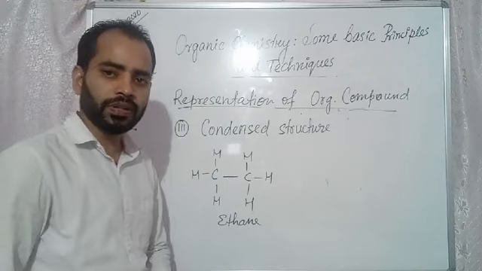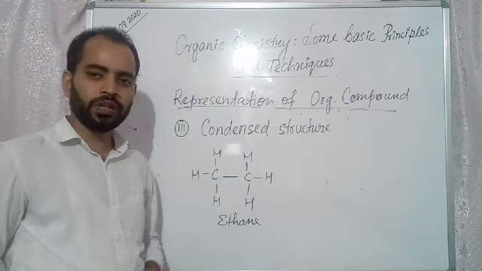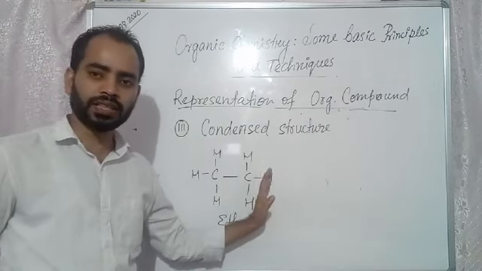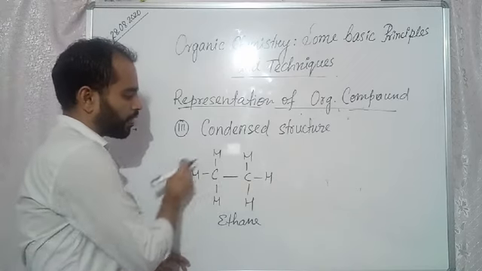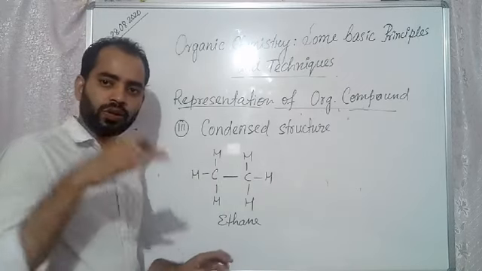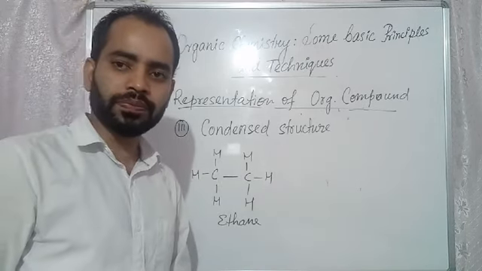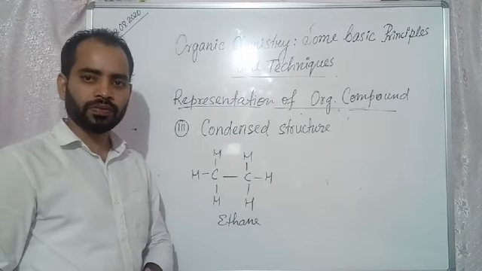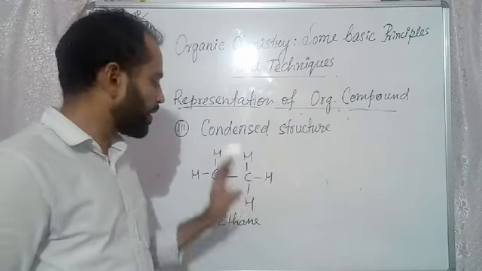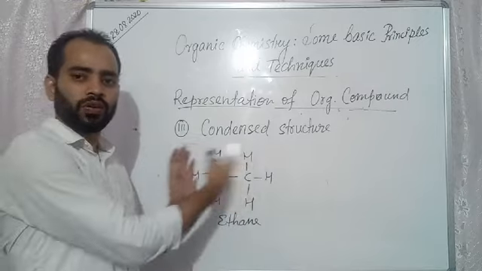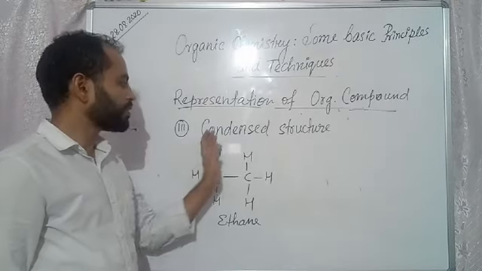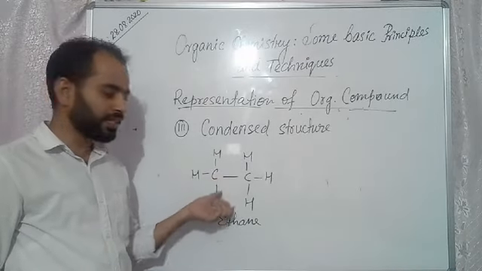ethane molecule. In this ethane molecule, while writing by dash structure, we required a lot of space, and it also requires more time. It's time consuming. So in order to save the time as well as space, we can condense this structure, and this is called condensed structure. How can we condense it?